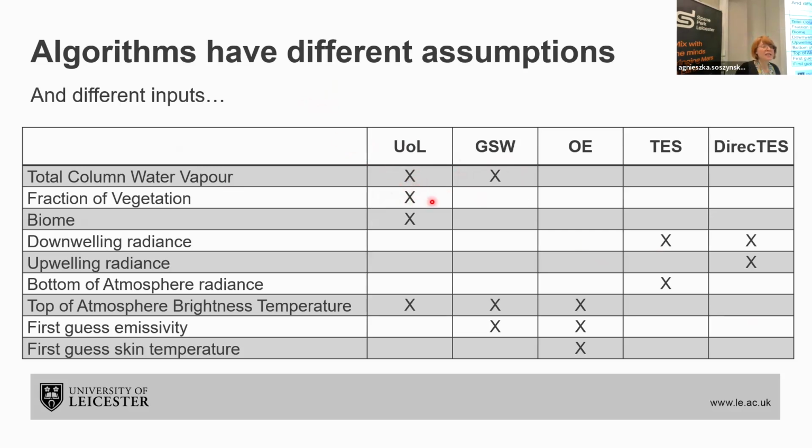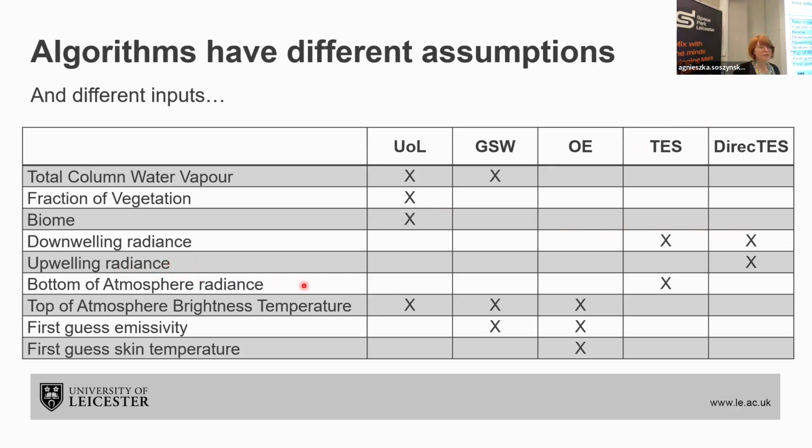The University of Leicester algorithm needs fraction of vegetation, which can be equivalent to NDVI. It also uses biome, which is land cover information, to narrow down the emissivity that is going to be assumed. If we look further, TES and direct TES take the downwelling radiance as input. So we need to have that information, that's typically retrieved from atmospheric models. RTTOV can provide us that. And upwelling radiance, but I think in their implementation, they assume one equals the other.